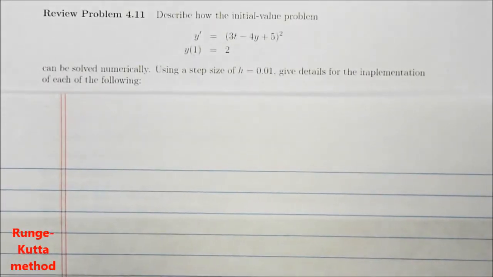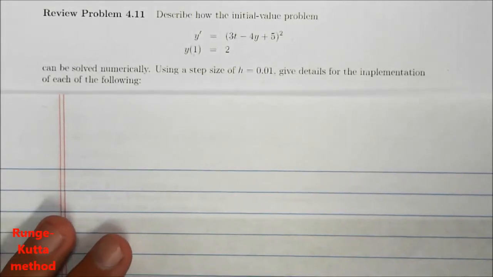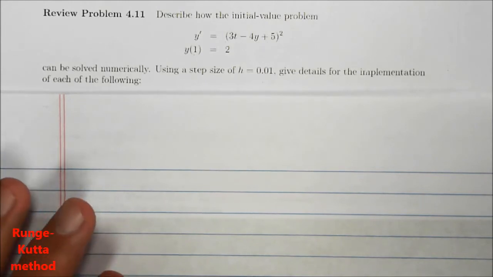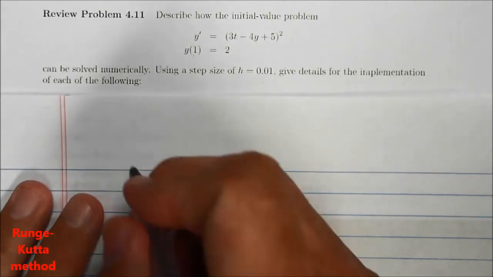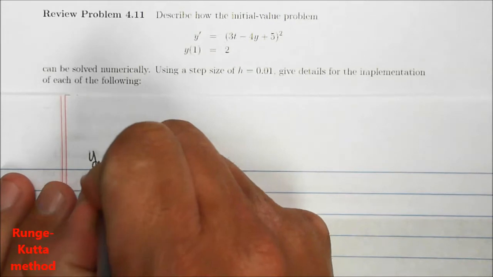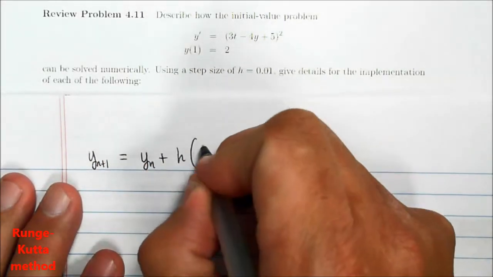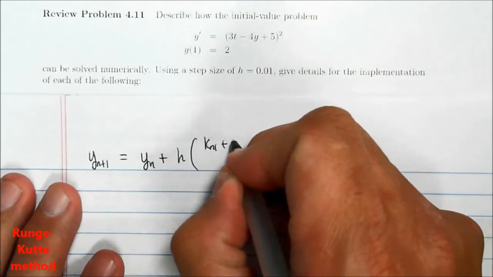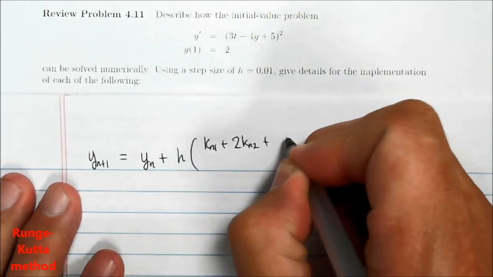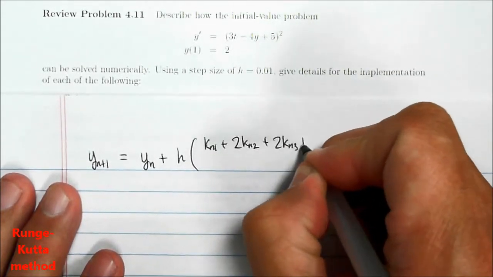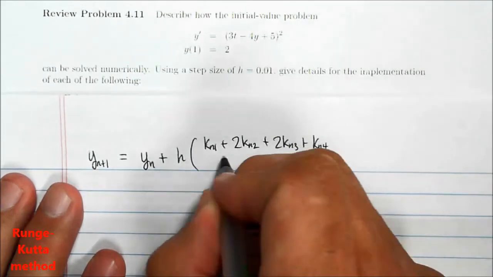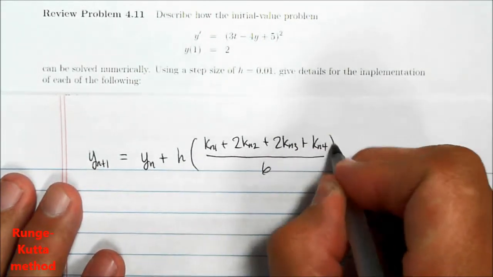Finally, let's take a look at the solution of this initial value problem using the Runge-Kutta method. The Runge-Kutta method is a fourth order method, and it is certainly the most complex of the ones that we've seen in this video. The setup is y sub n plus 1 is equal to y sub n plus h times kn1 plus 2kn2 plus 2kn3 plus kn4 all over 6.